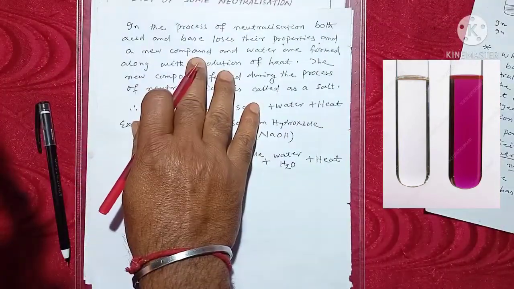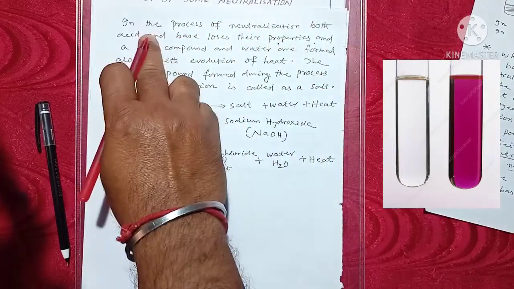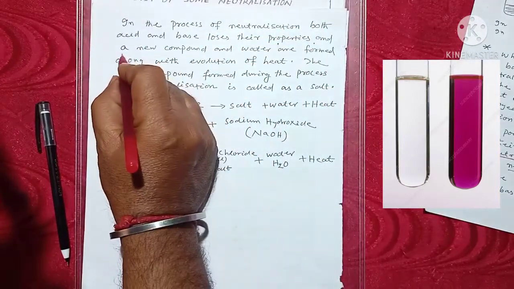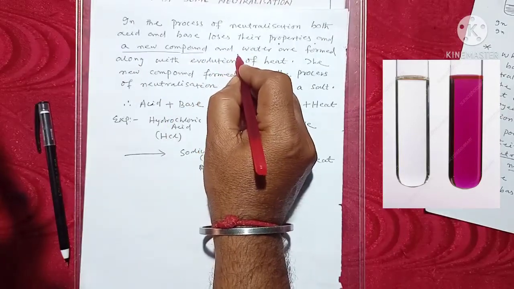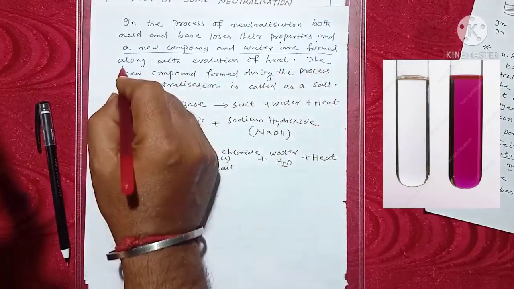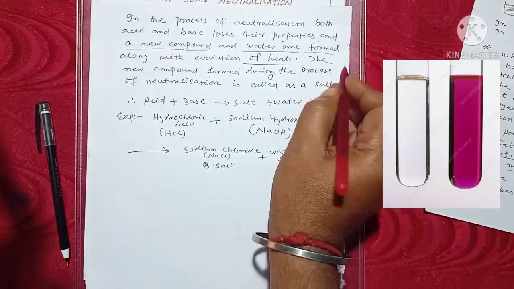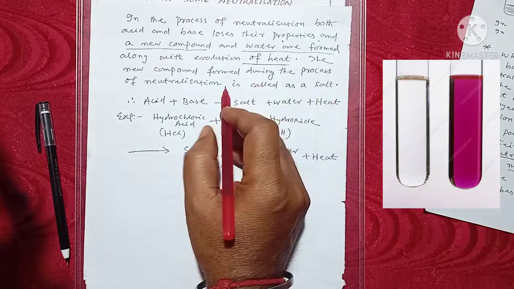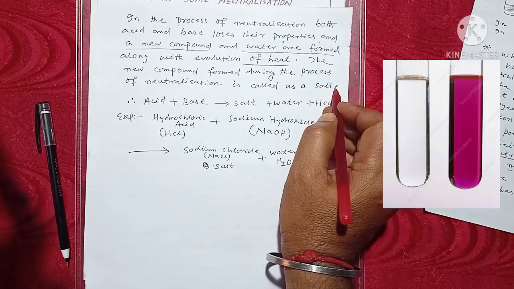In the process of neutralization, both acid and base lose their properties, and a new compound and water are formed along with evolution of heat. The new compound formed during the process of neutralization is called a salt.